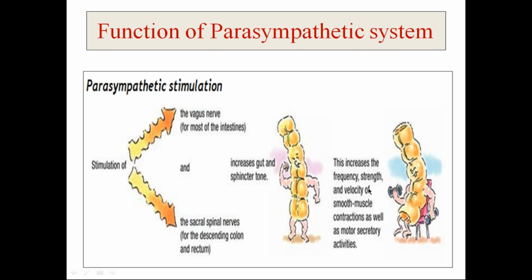This increases the frequency, the strength and velocity of smooth muscle contractions, as well as motor and secretory activities. Okay, so the function of parasympathetic nervous system in gastrointestinal tract is to increase the contraction, to increase the tone, to increase the secretion of juices.